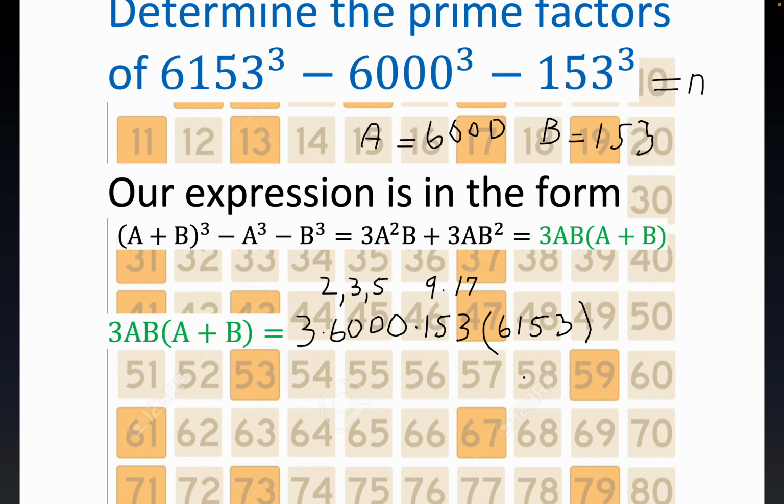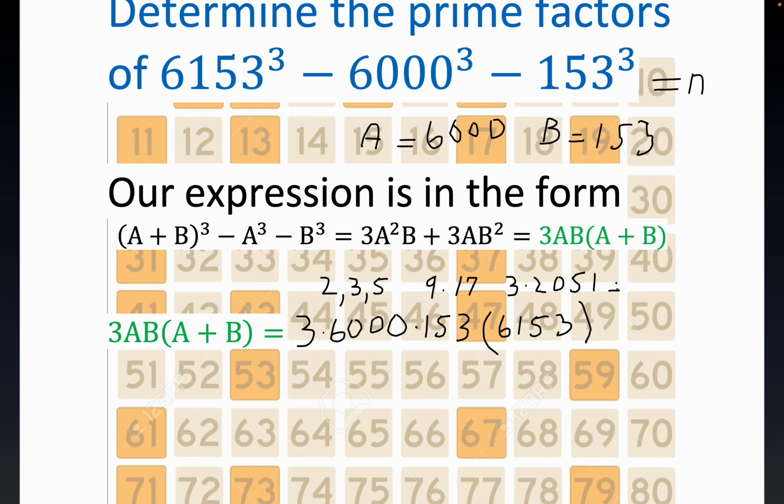Okay, now what about 6153? Well, it is divisible by 3. This is equal to 3 times 2051, right? Now, y'all, I'll go ahead and write the answer, but then I'll tell you how I got it.